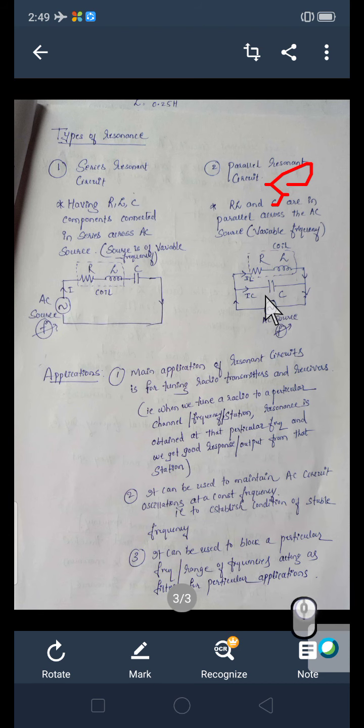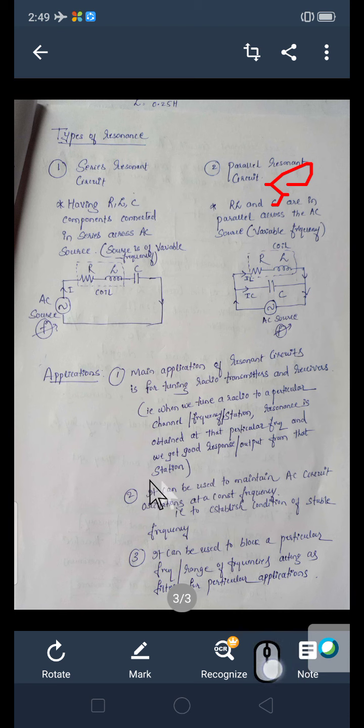Same thing for the parallel resonance circuit: coil and capacitor are connected in parallel across the AC source of variable frequency. This is the parallel resonant circuit. Hope you understood the difference between series resonant circuit and parallel resonant circuit.